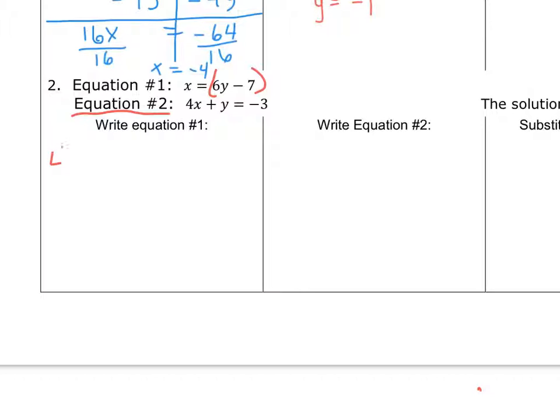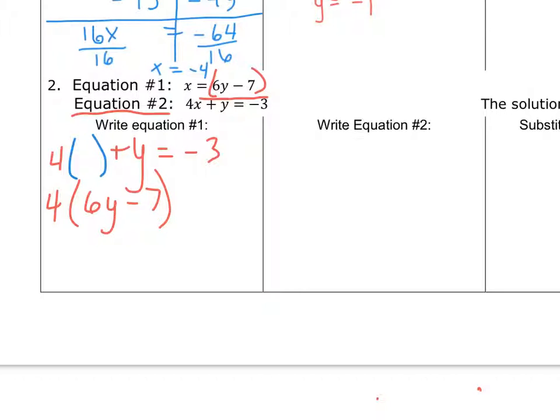So I'm going to just say 4, and instead of an x, I'm going to put the parentheses, because that's what's going to have to go in my parentheses, plus y equals -3. So if I rewrite this, I've got 4. And then what am I putting in my parentheses? Well, I'm going to put in this 6y minus 7. So 6y minus 7.